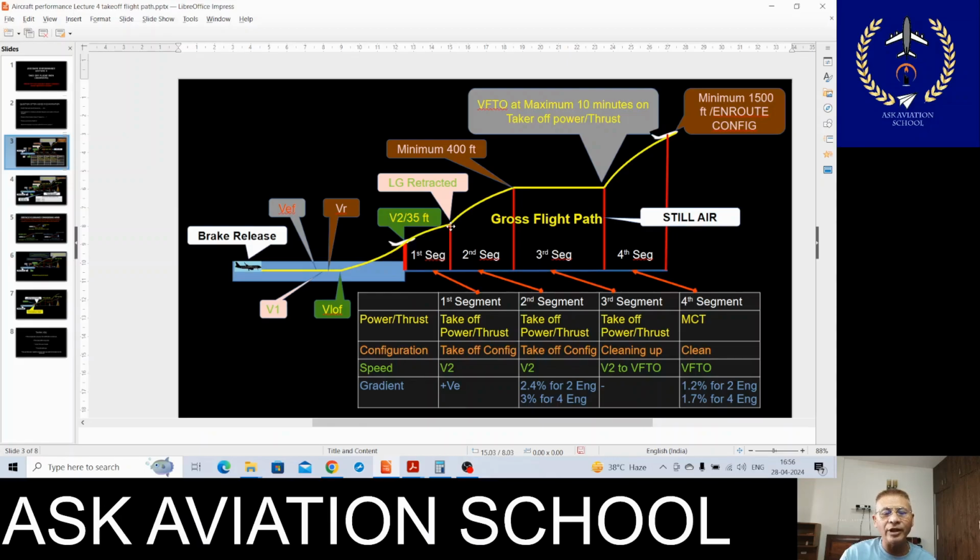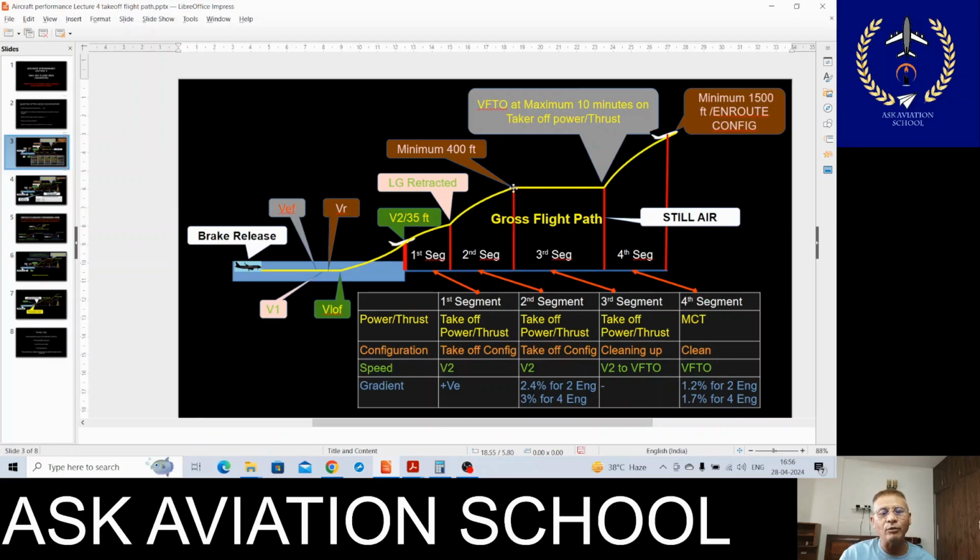The moment the landing gear is fully retracted, the transition from first segment to second segment happens. During the second segment, you will be climbing at V2 speed to the minimum acceleration altitude of 400 feet. The moment you reach the minimum acceleration altitude, the third segment will commence.